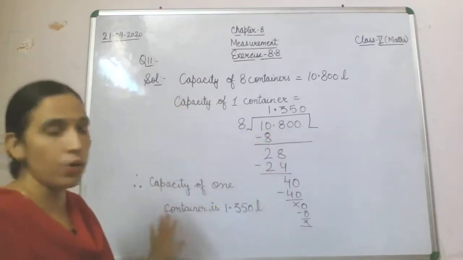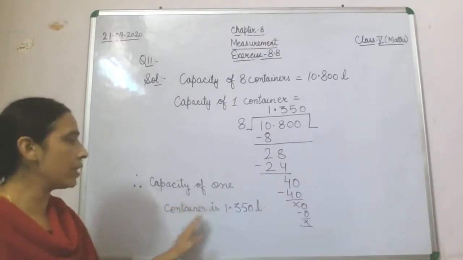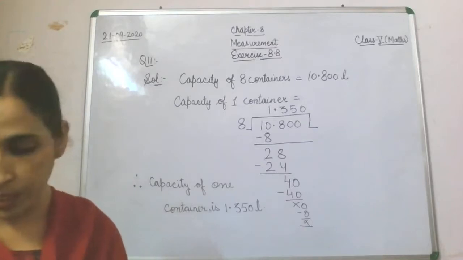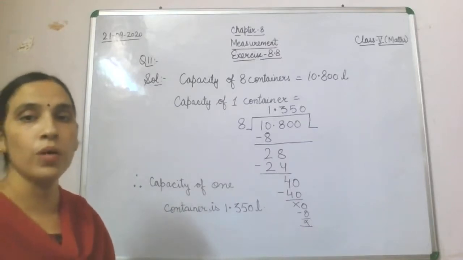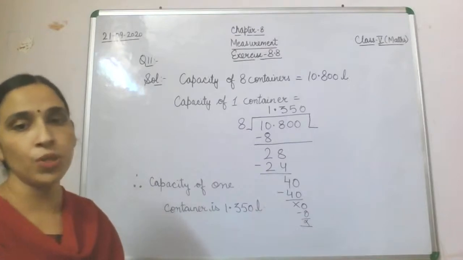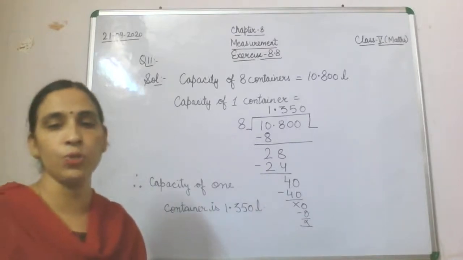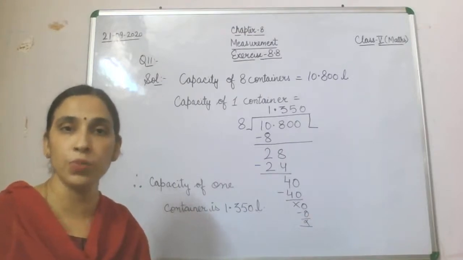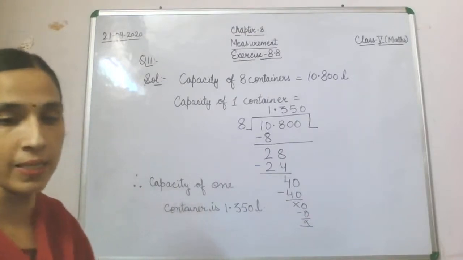Now here we have got, therefore capacity of one container is 1.350 liters. So now children, what next are we going to do? Next we are going to do question number 12 of this same exercise.